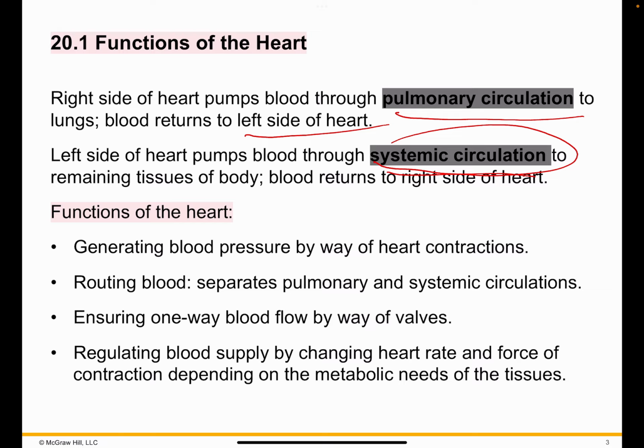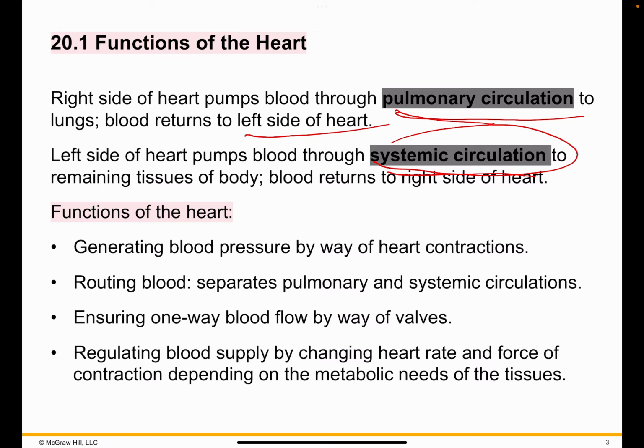Second, in pulmonary circulation, it returns deoxygenated blood to the lungs. We're going to study the respiratory system later. The lungs' main function is to exchange gases: remove the carbon dioxide and bring oxygen back into the blood.